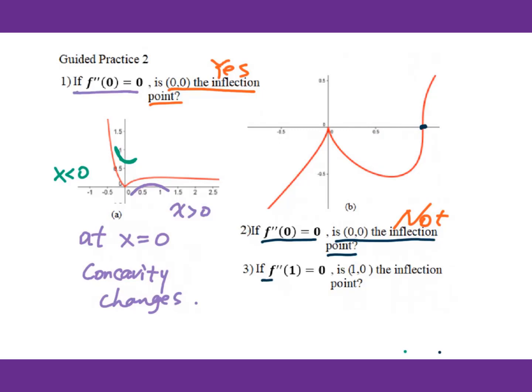If the second derivative of f at 1 equals 0, is (1, 0) the inflection point? Same thing, you need to check concavity. When x is greater than 1, we see this is concave down.